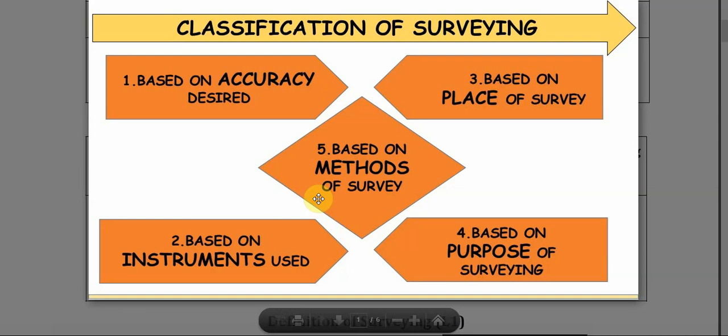It is based on the place where the survey is conducted, or on the purpose of surveying, or on the methods of surveying, by which method the surveying is done.